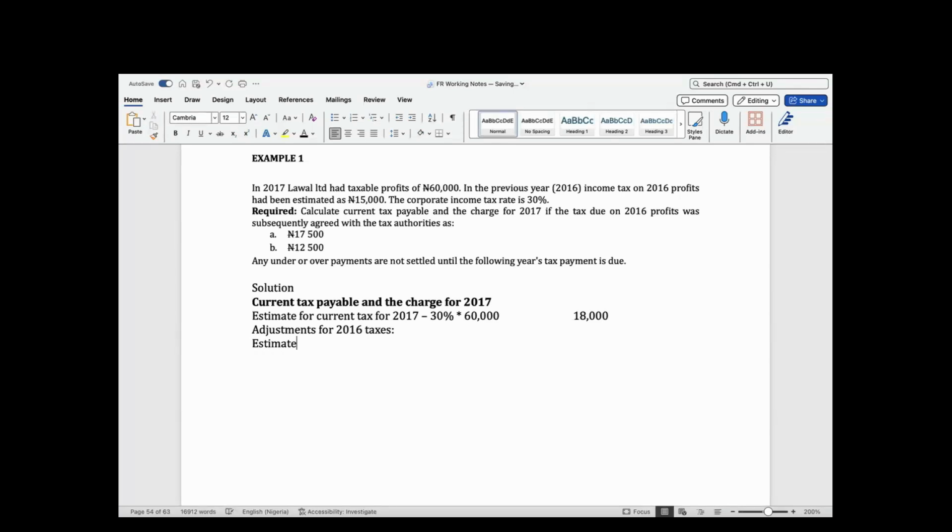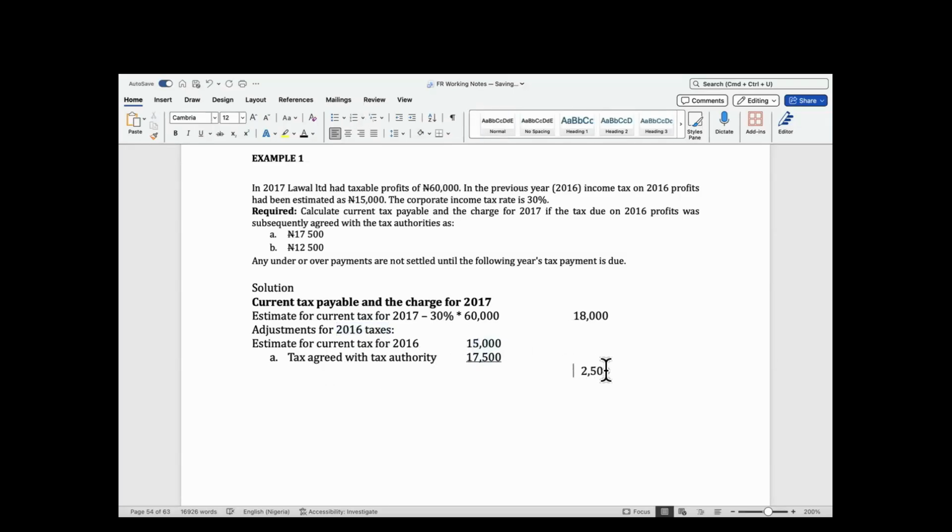In 2016, last year, our estimate for current tax, the question told us, was 15,000. The examiner gave us scenario A, so the tax agreed with the tax authority, meaning the actual tax that you would pay at the end of the day, is 17.5, which means that you need to pay an additional tax of 2,500. In 2016, you estimated 15. The taxman says no, it should be 17.5.